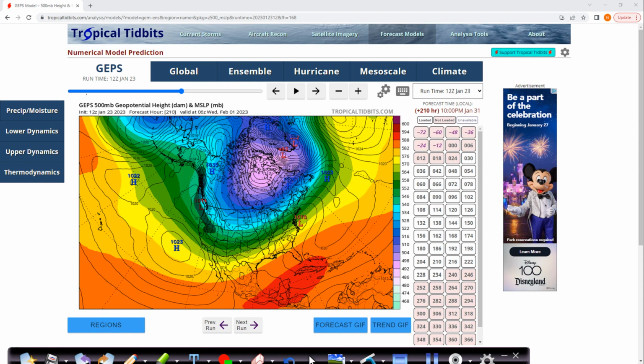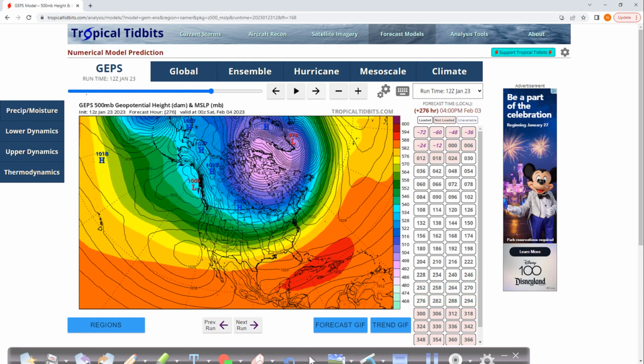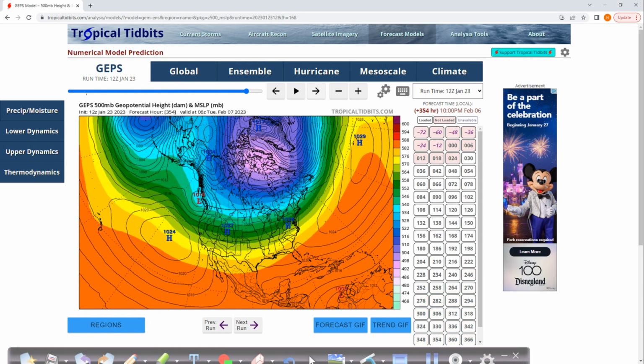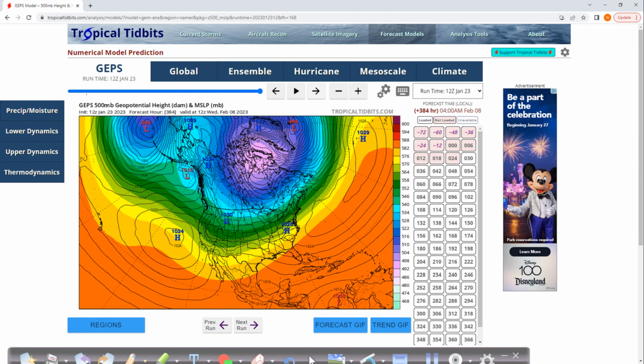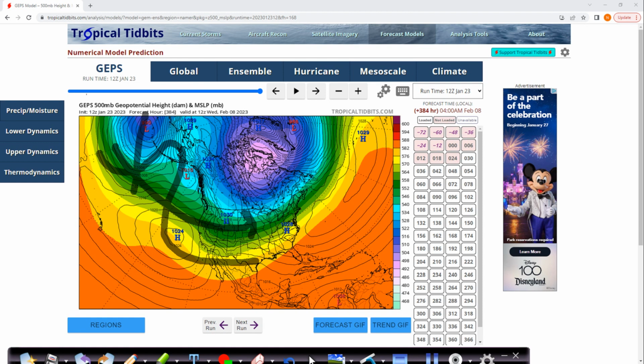Matter of fact, the average of the Canadian model still has that cold air with a low here by Tuesday night. But as we get further and further into the long range, this is now 16 days away, this pattern is pretty much west to east. So there could be some runs that have a ridge like this, there could be some runs that have the opposite, and so when they all average out, they get this average straight west to east. So that's why it gets hard to forecast when we get into the long range.